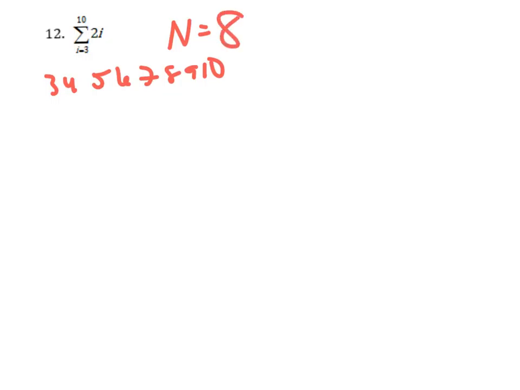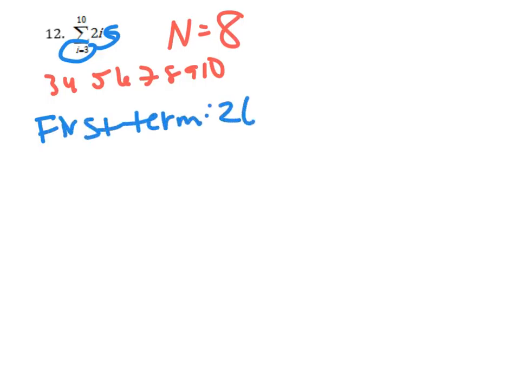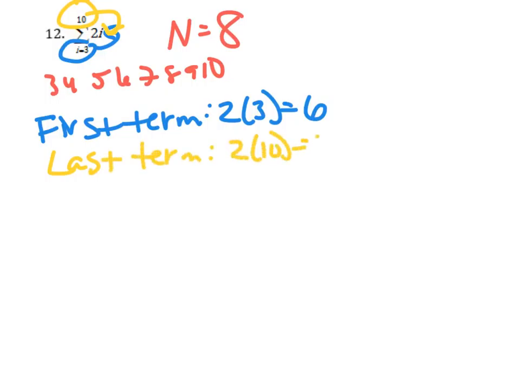8 numbers. My first term is 2 times 3, which is 6. My last term, 2 times 10 is 20.